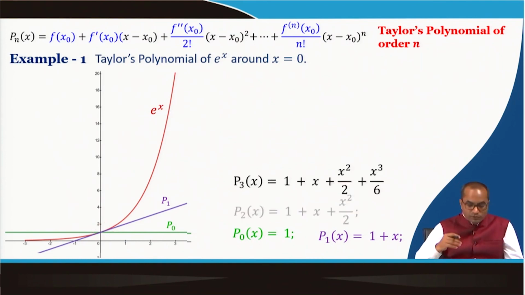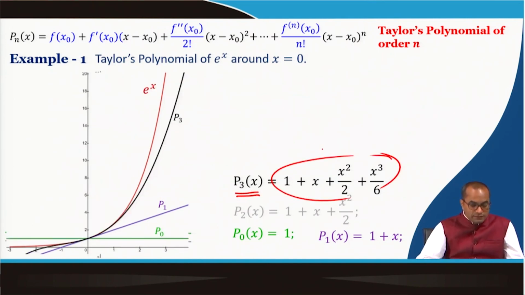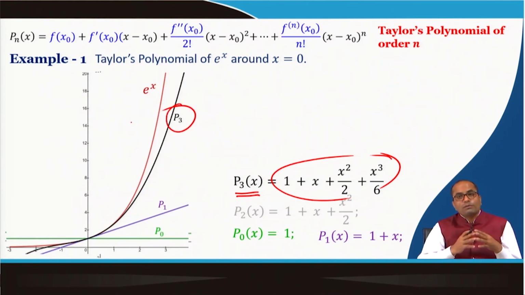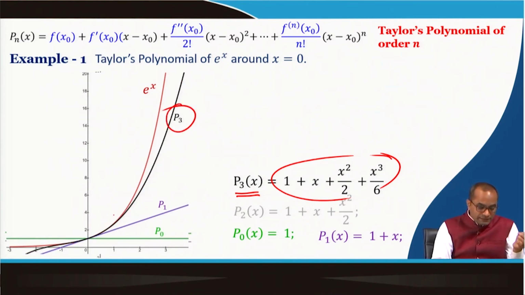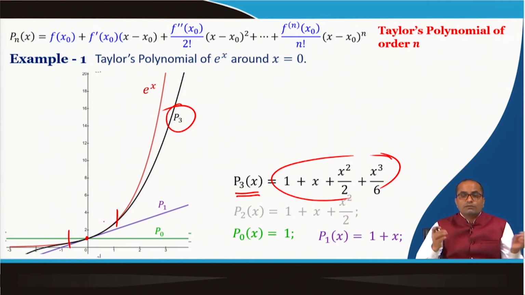So we continue this process, we go to the higher order polynomial. So P3(x), this Taylor's polynomial of order 3, if we compute it and see how it looks here, we can see now this closeness increases. Around this x0, the interval of closeness is increasing as the order of the polynomial is increasing.